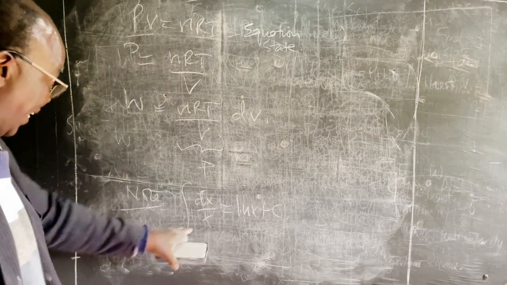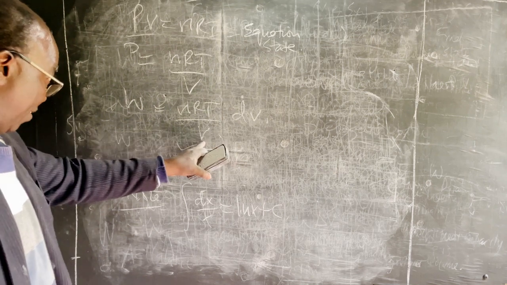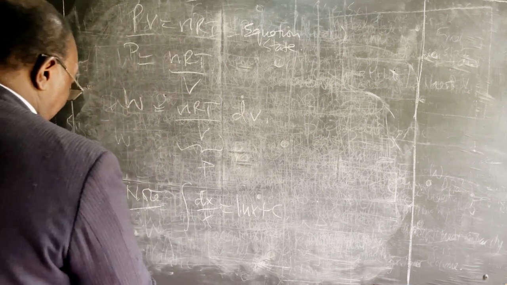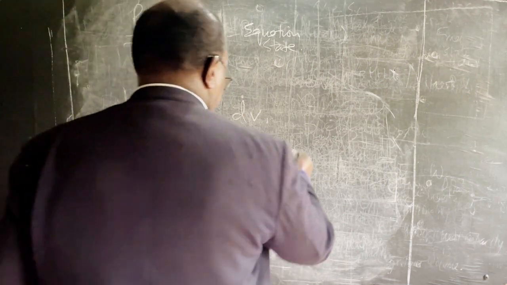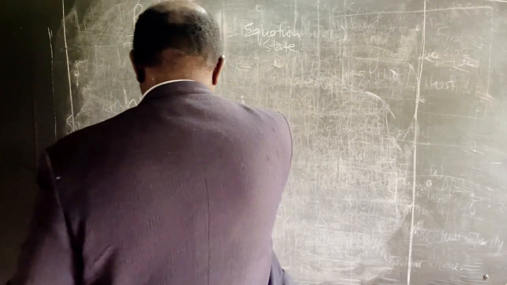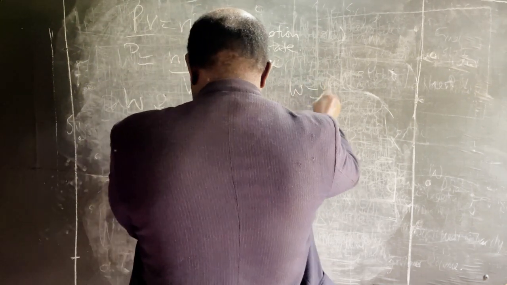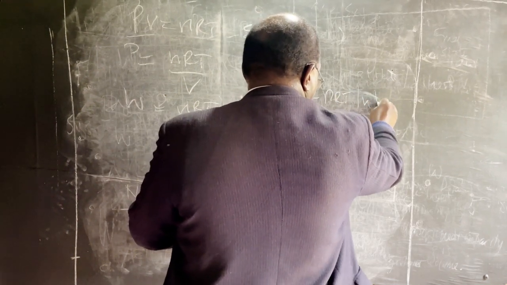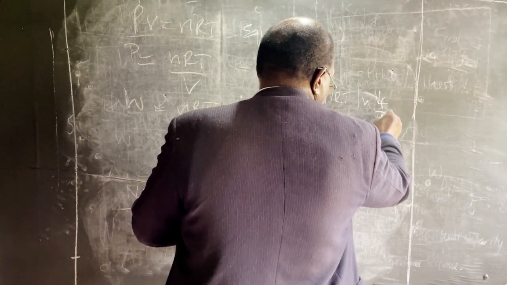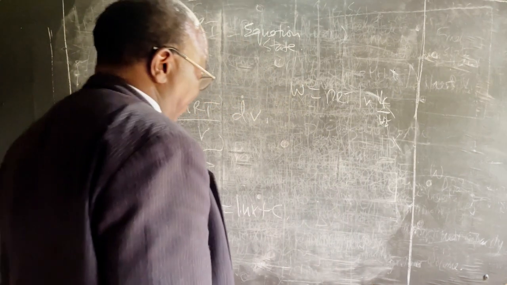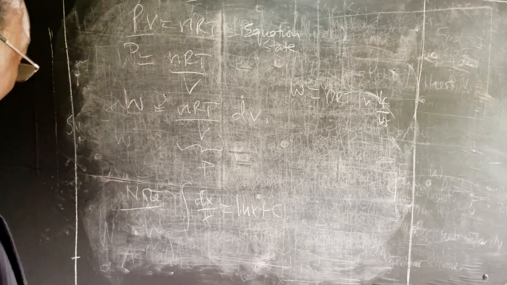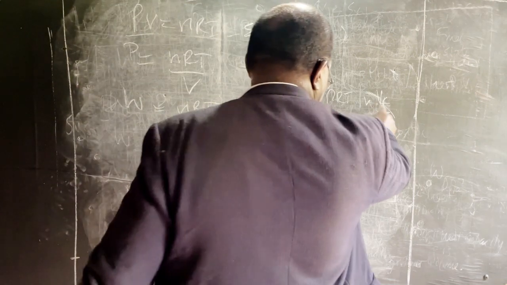So if we use this identity in place of dV over V, if we integrate both sides, then what do we get? We get that W on integration will now be given by nRT natural log of Vf over Vi.